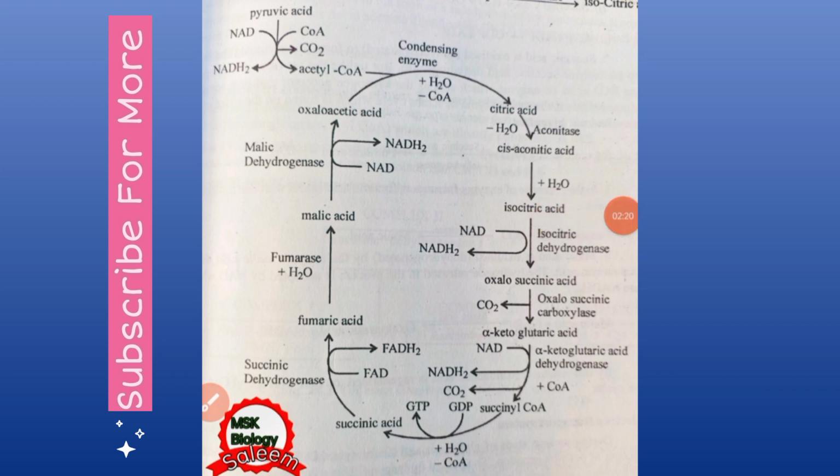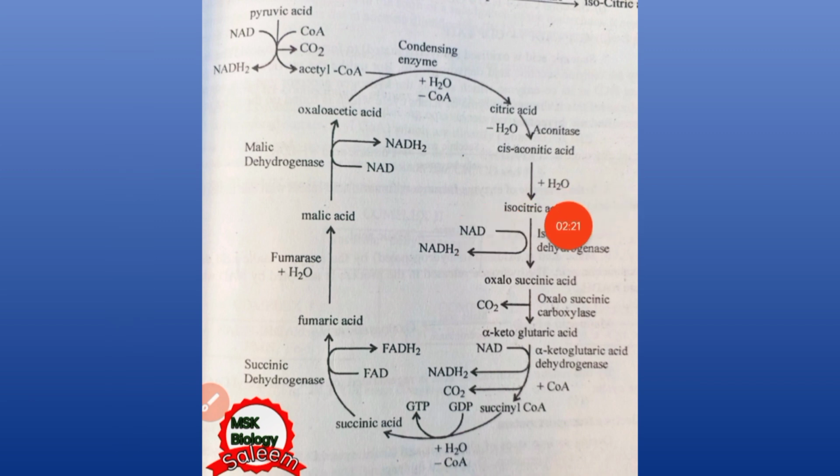Isocitric acid is oxidized. Oxidized means dehydrogenation. With the help of the isocitric dehydrogenase enzyme, NAD is converted into NADH2, and isocitric acid is converted into oxalosuccinic acid.